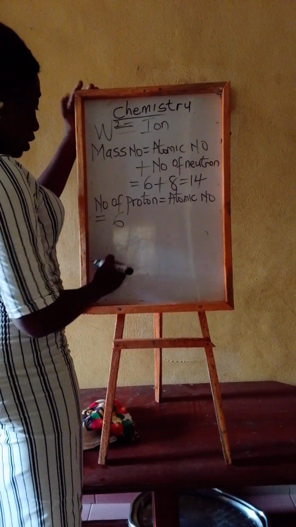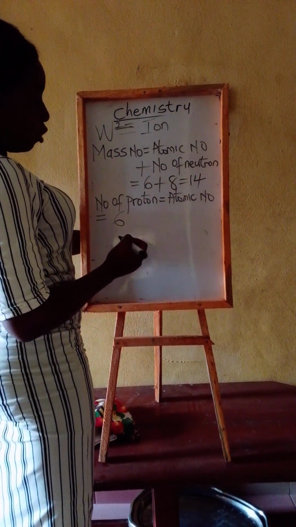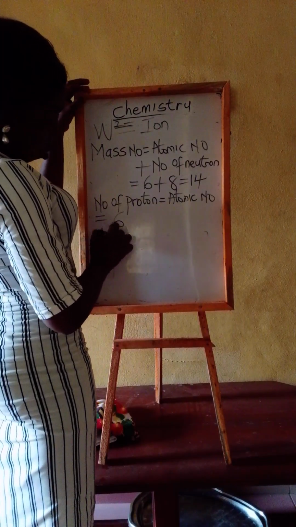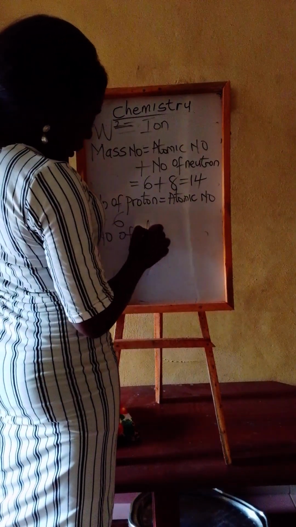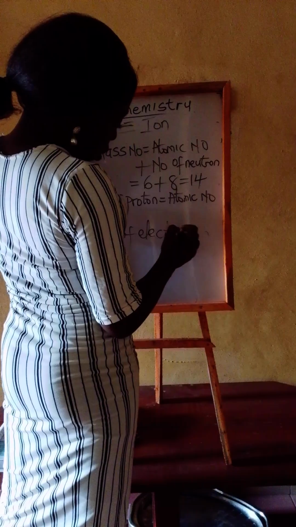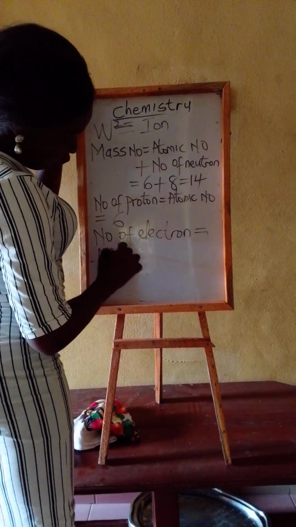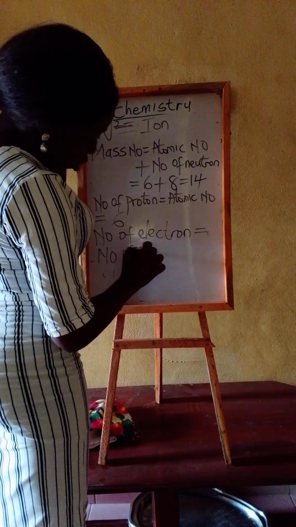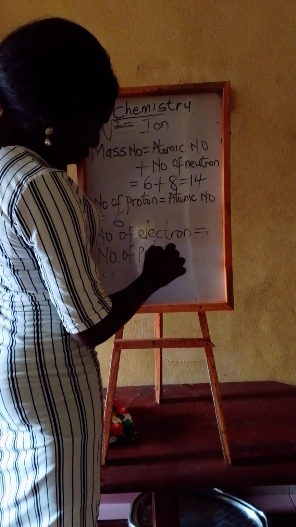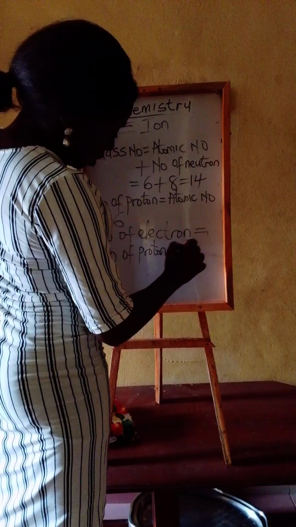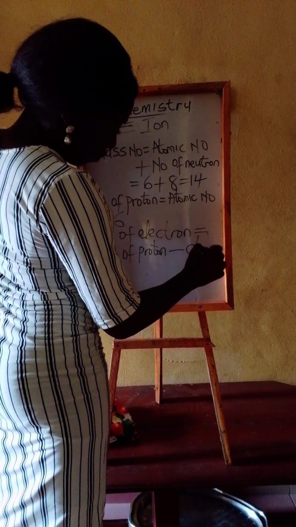So we have to calculate the number of electrons. The number of electrons equals to number of proton, or you say atomic number, anyone, minus charge.